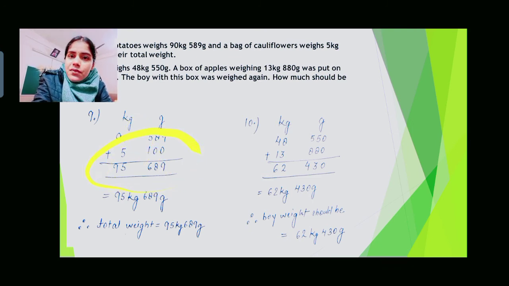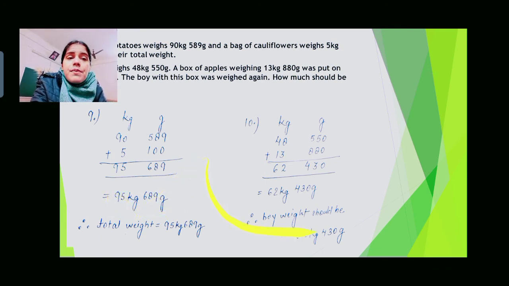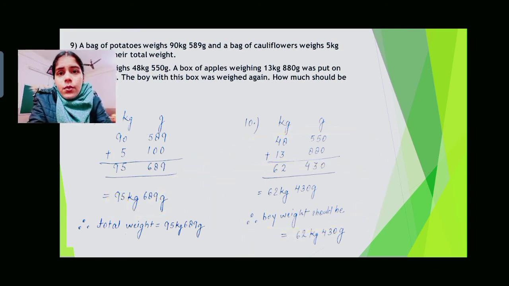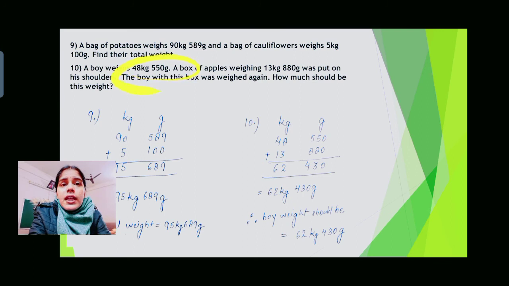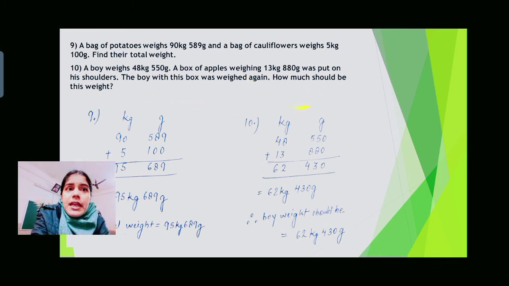So class, add them now. 9 plus 0 will be 9, 8 plus 0 will be 8, 5 plus 1 is 6, and 90 plus 5 is 95, and we have 95 kg and 689 gram. Okay class, similarly the second question, that means the 10th part: a boy weighs 48 kg 550 gram. A box of apples weighing 13 kg 880 gram was put on his shoulders.